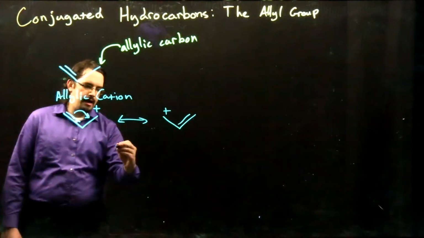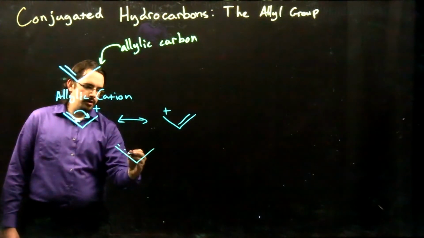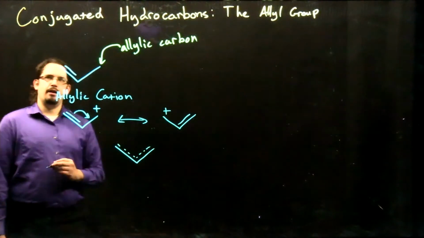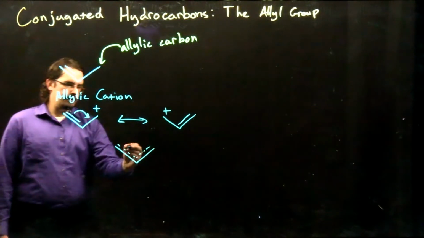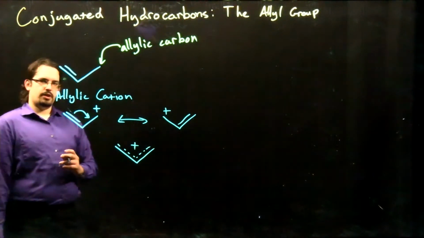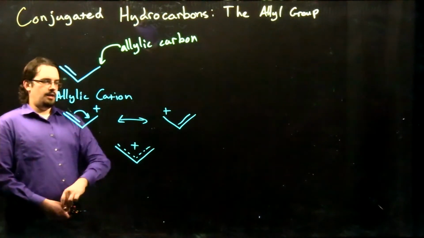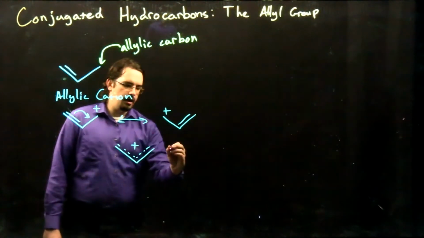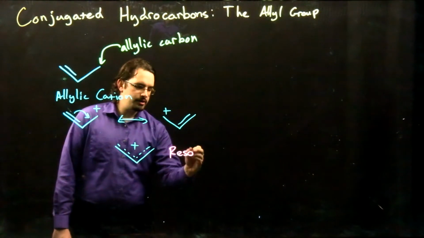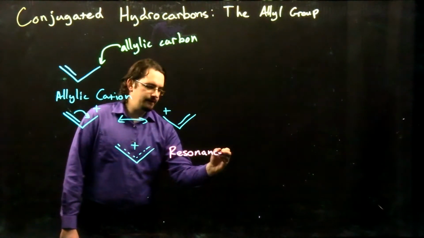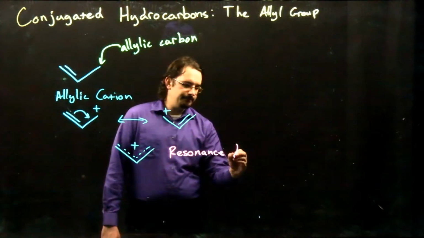And of course, our hybrid structure here would be our double bond shared between our three carbons, and our positive charge is delocalized. And this leads to resonance delocalization of our charge and stabilization of our carbocation.